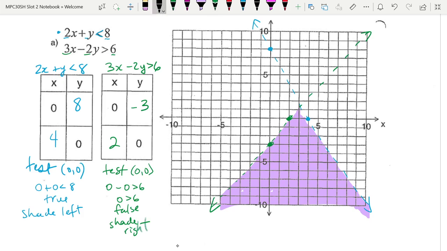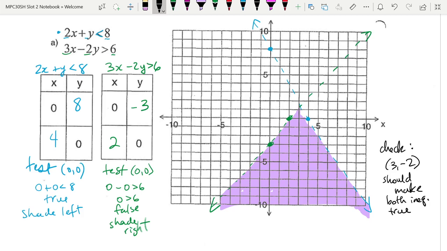And you know, you can do a check here. Pick a point that for sure is in the zone. How about 3, negative 2? 3, negative 2 should make both inequalities true, right?